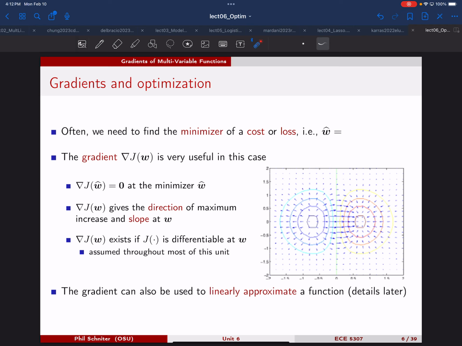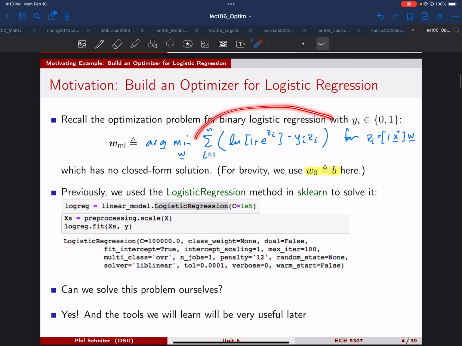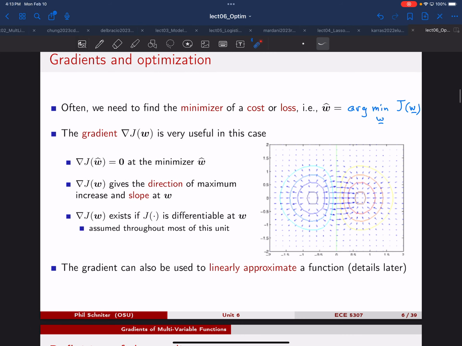So let's talk about gradients. The generic problem that we encounter in this unit is we want to minimize some cost J over some coefficients W. J could be this function that we saw up here, or it could be something else. So we're just being generic.